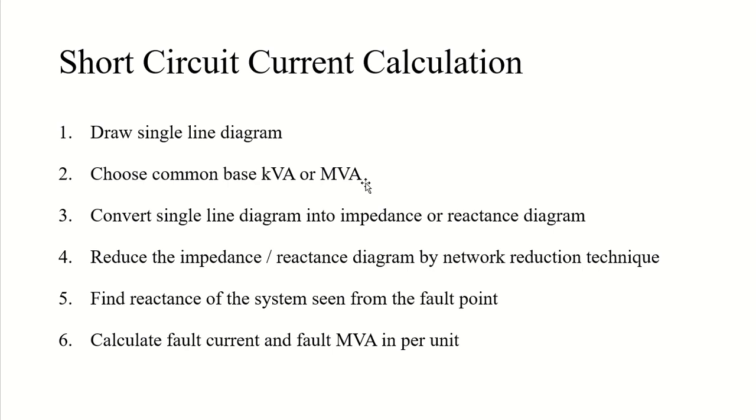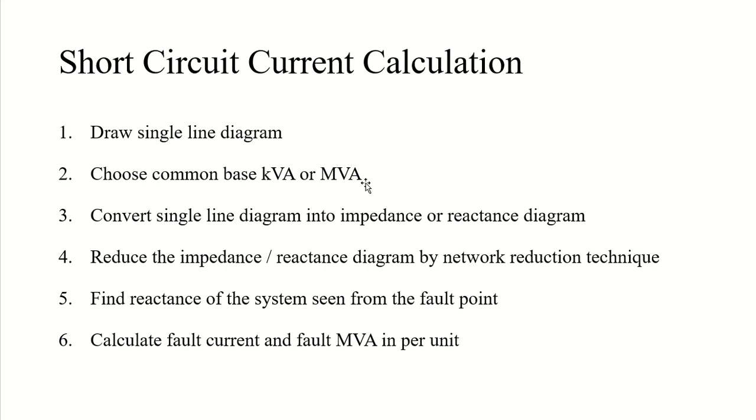And what about the transmission line? As you already neglected the shunt capacitance, you will be representing your transmission line simply as a series reactance. You can do that, right?